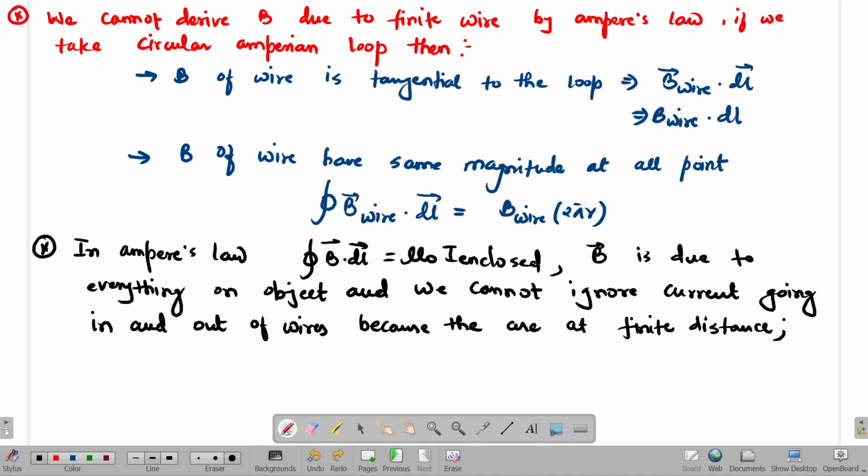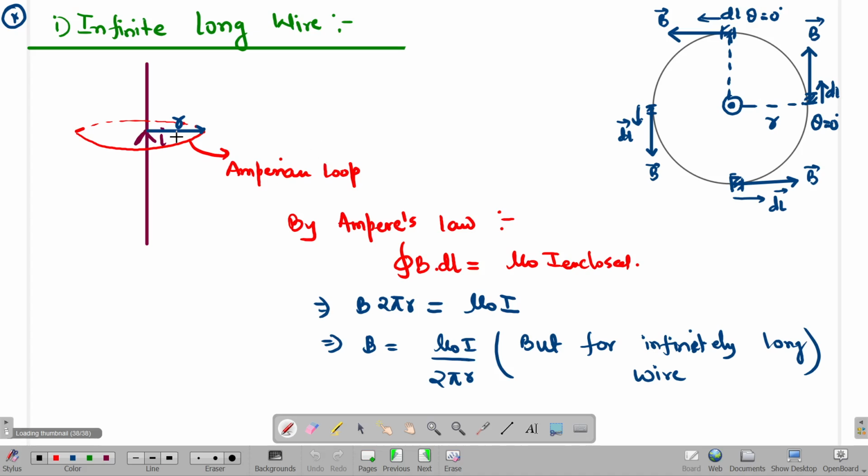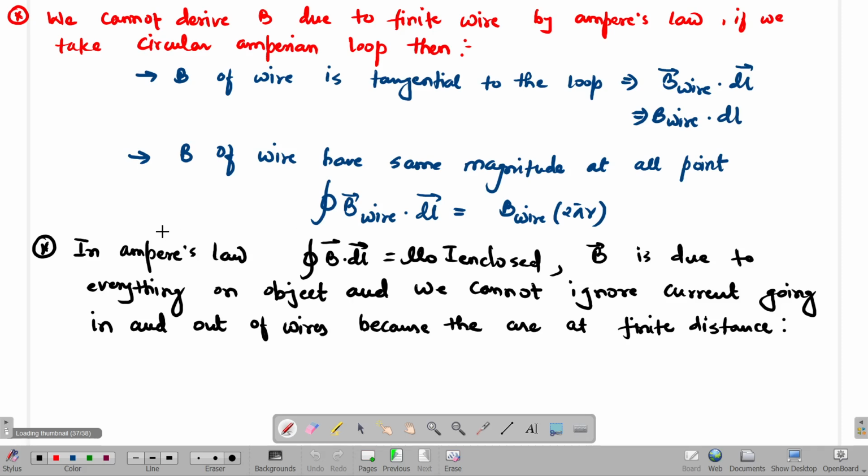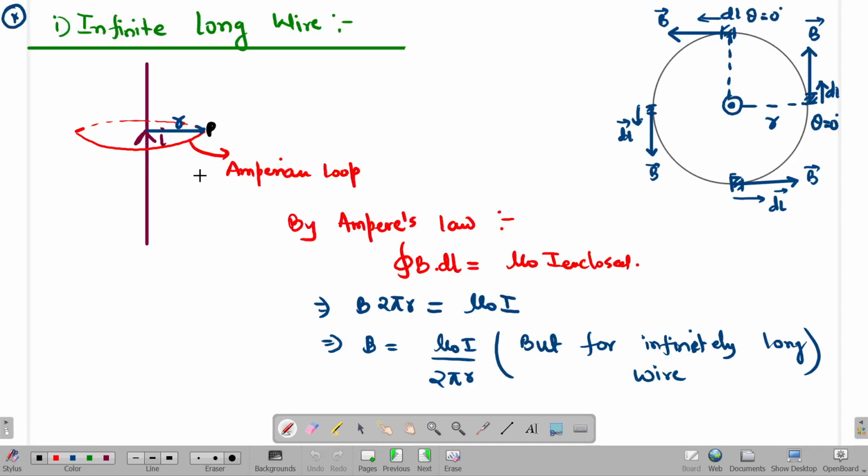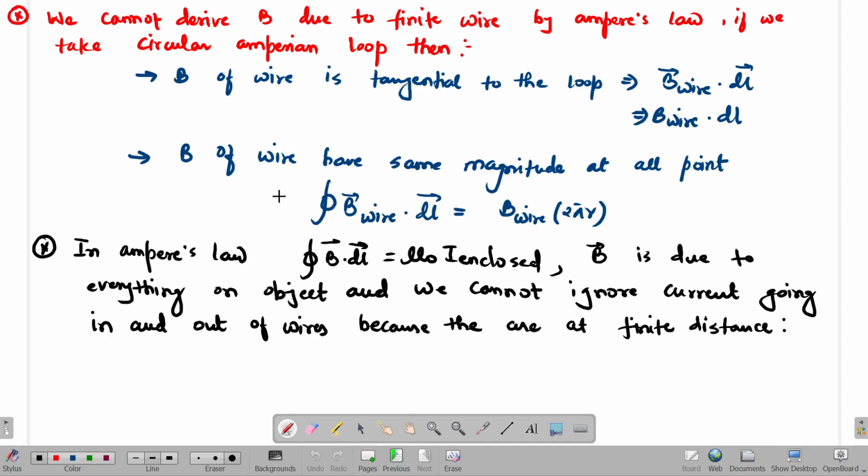So see what happens: when we apply pure Ampere's law, because we are calculating this magnetic field at such a point which is at a finite distance from the wire, all these currents, whether going up or going down inside that loop, will be considered. Are you able to get me or not?